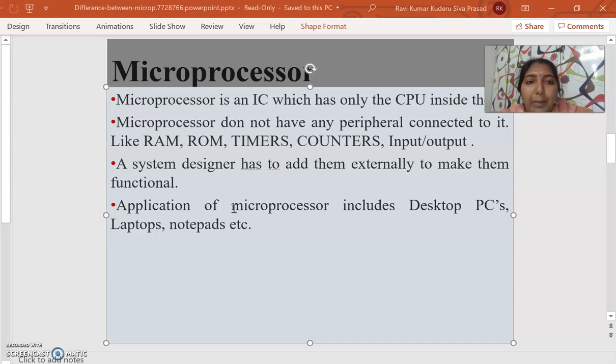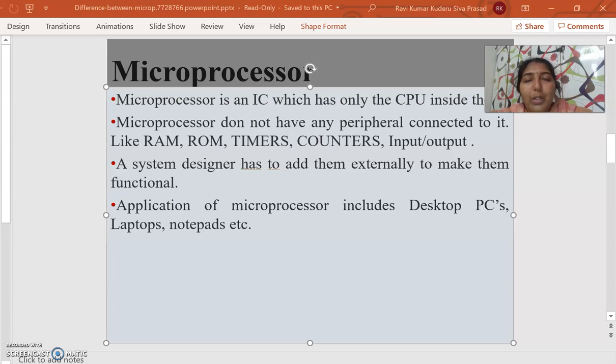And once again, I'm repeating, the microprocessor contains only the CPU, but it doesn't have any other peripherals like memory units such as RAM, ROM, timers, counters, input devices, output devices. So it only contains the CPU. And already in the previous semesters, you know what a CPU is. CPU is a central processing unit.